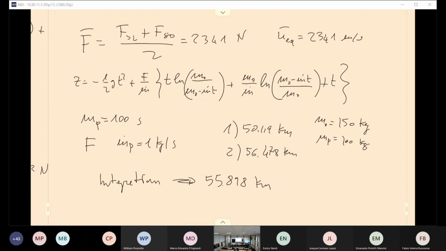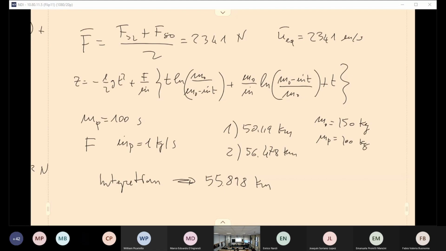So we can try to do this exercise, and the interesting thing is that in this case you have the final solution, not the initial one. So probably you have to find some trial and error approach. And what you'll see is that you can identify the moment. In this case, you are considering always the same thrust, always the same engine.